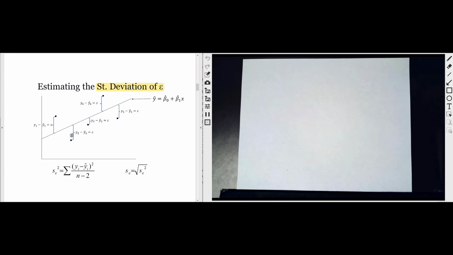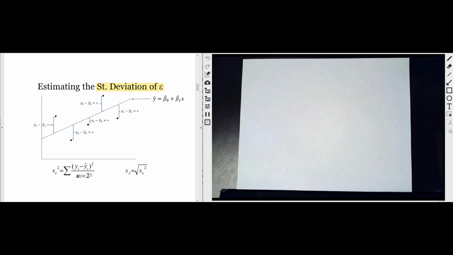And to get the variance of all these errors, we simply use our variance summation. So the variance is the sum of the actual y sub i's minus the predicted y hat sub i's, squared.